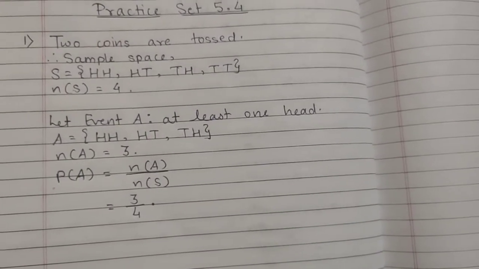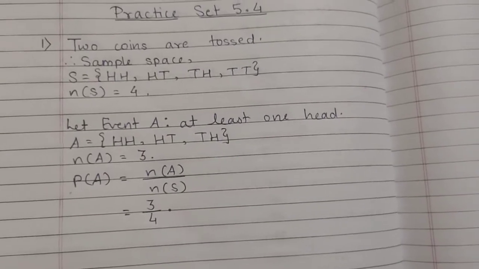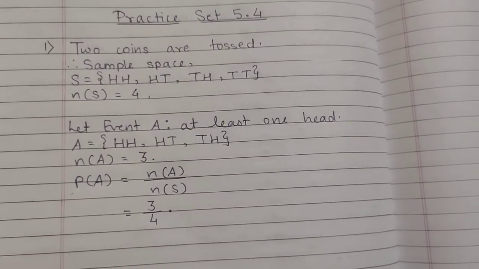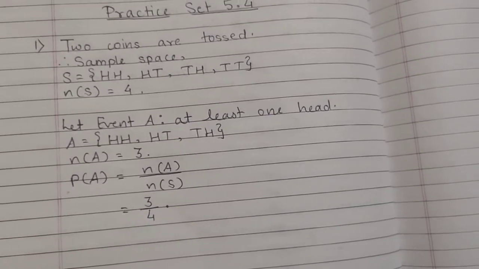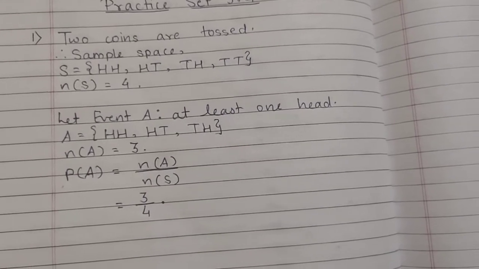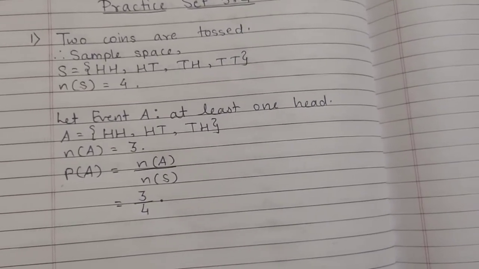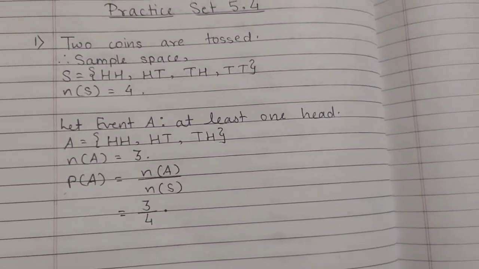That means your probability is in between 0 and 1. Students, remember, which I have already told you, probability is always in between 0 and 1. Or you can call it in percentage, like 0% to 100%. It cannot be more than 100% or less than 0%.